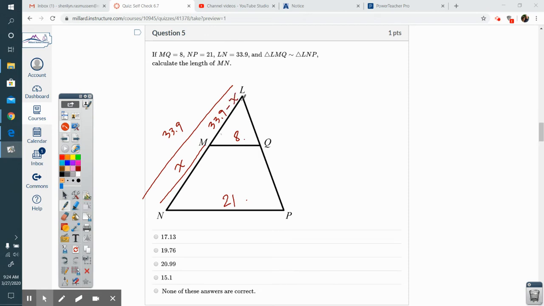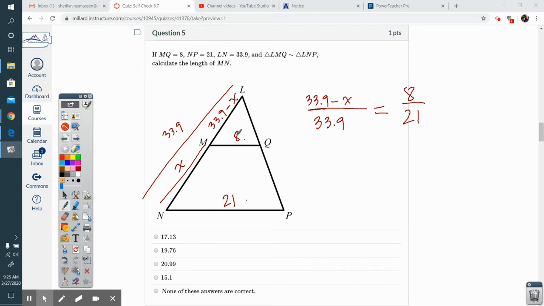So LM is the small part of this triangle right here. So the way you set that up then would be the small, 33.9 minus x, divide by the big side, and that is equal to the small divided by the big of the same corresponding sides, the bases.